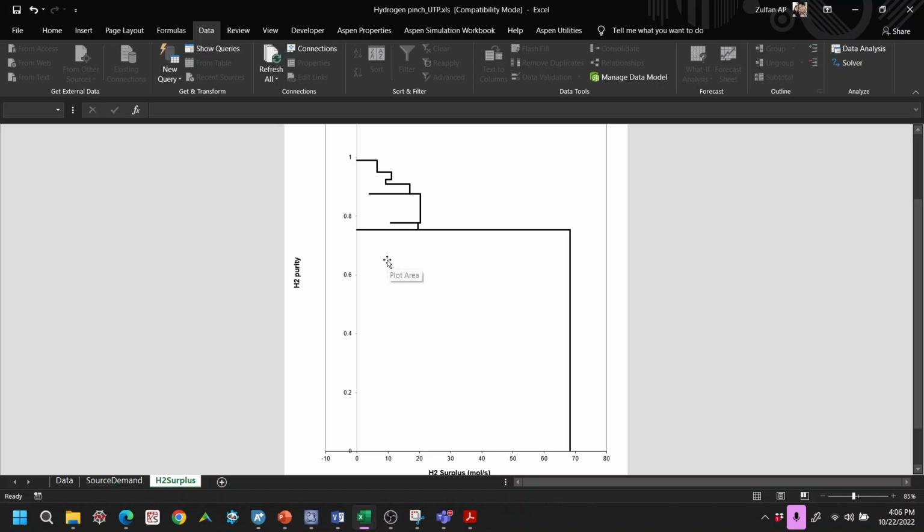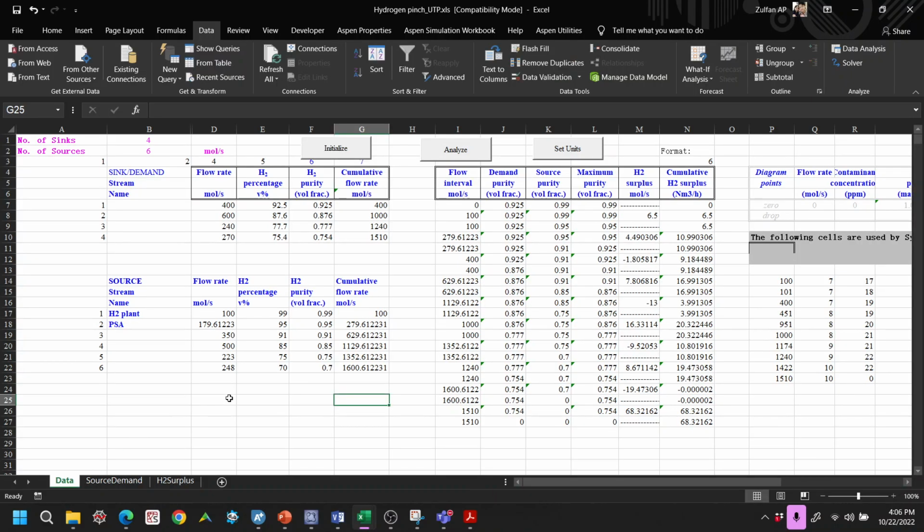In this case we have a hydrogen plant with only 100 mole per second, or we buy only 100 mole per second, but if we install a PSA with 180 mole per second of capacity, we can still run the plant.